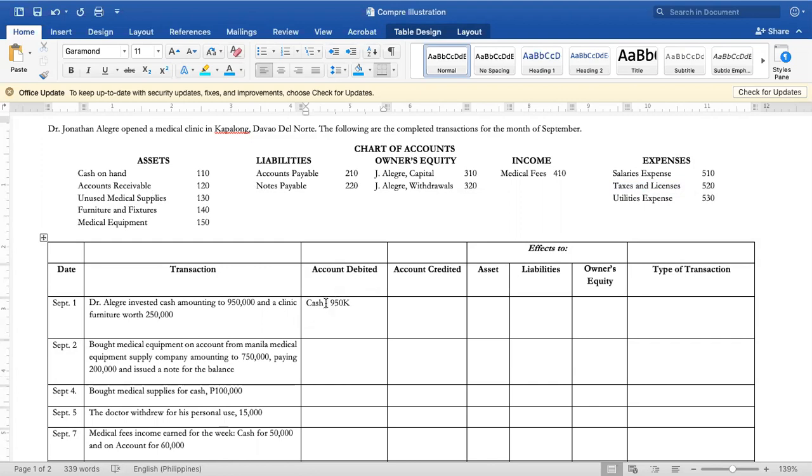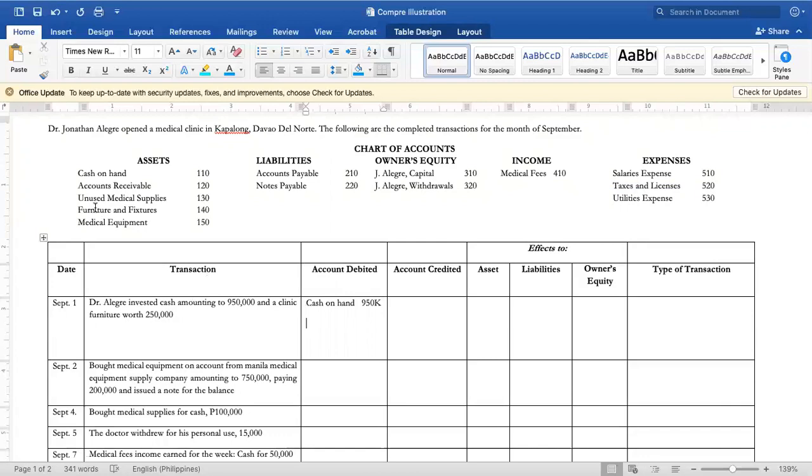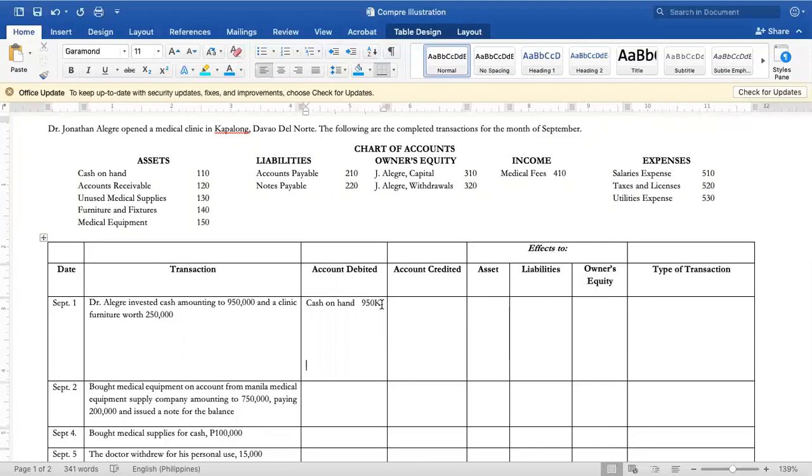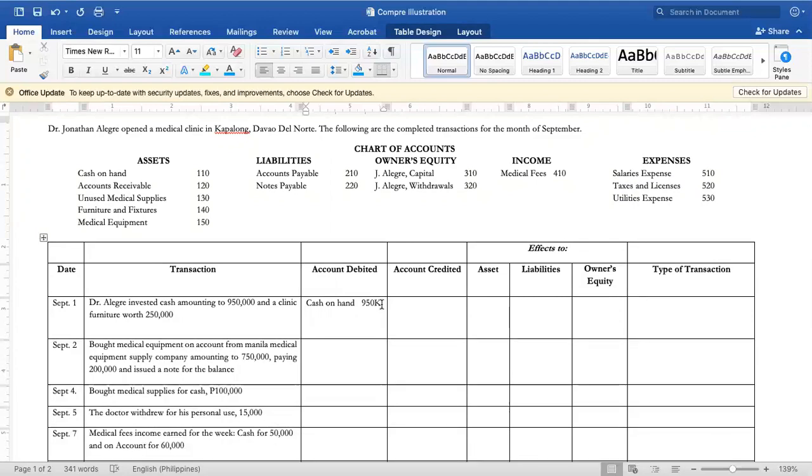Cash on hand is what we will use, as it is in the chart of accounts. Aside from cash, we also received clinic furniture. That is furniture and fixtures. Aside from the cash, we also debit furniture. I will just abbreviate, guys. The total is 250,000.